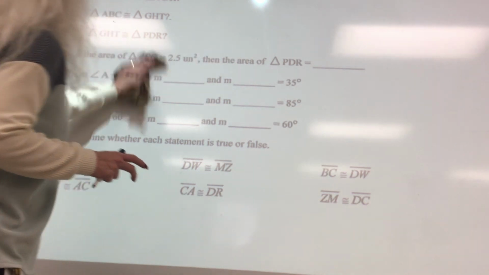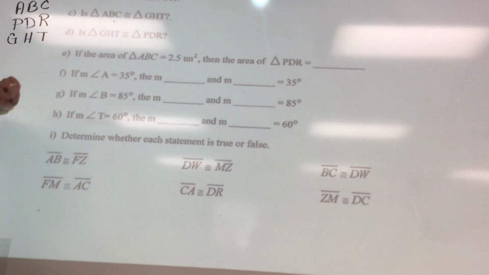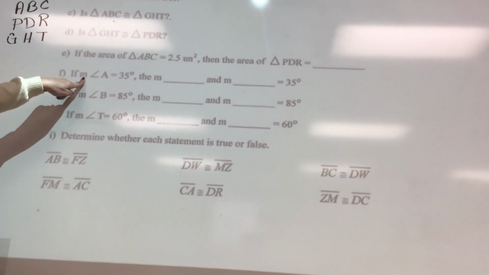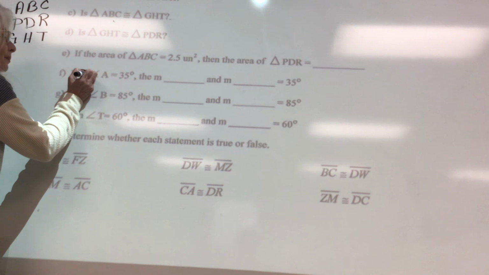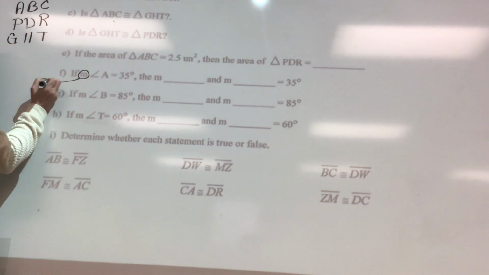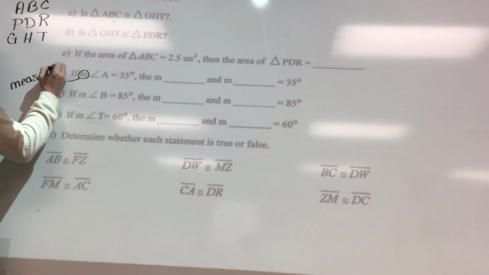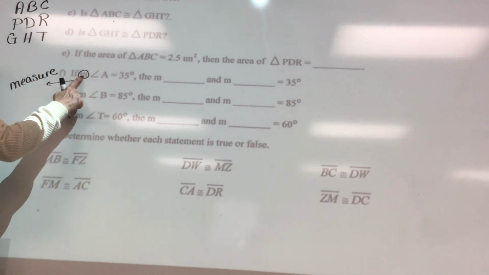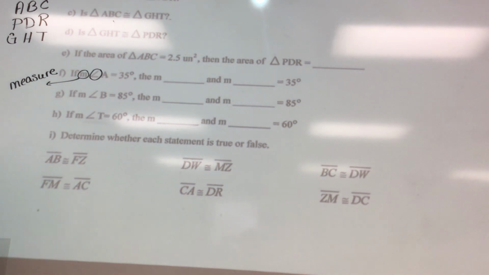Problem F, if... do you see this little M? Circle it. That means measure. So if the measure of... and do you see this symbol? What does that symbol look like? Greater.